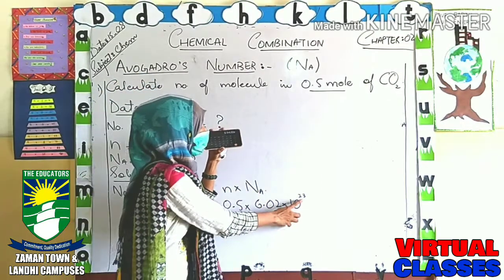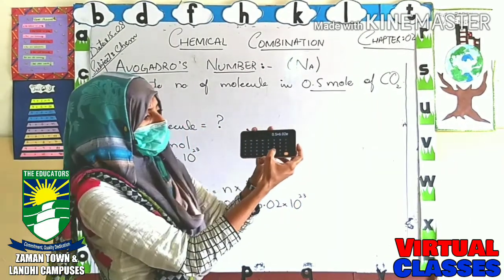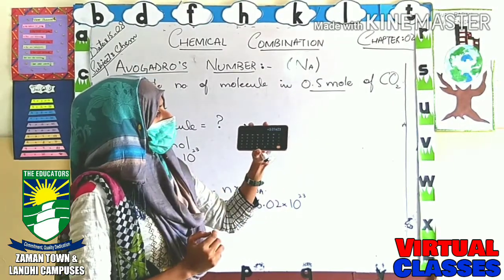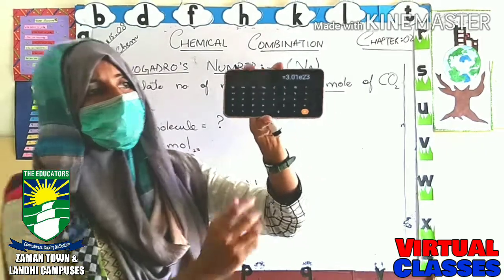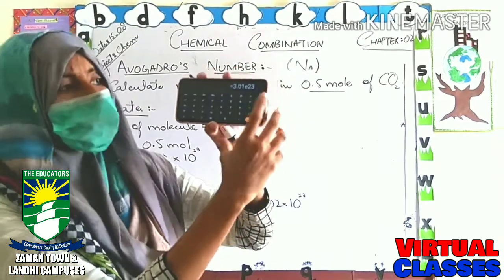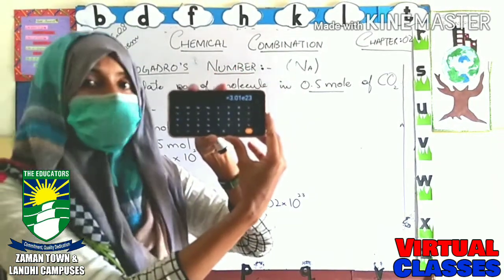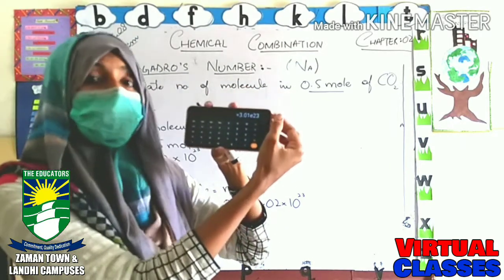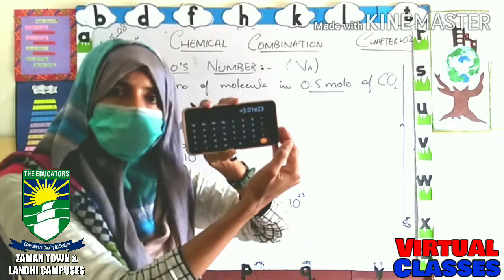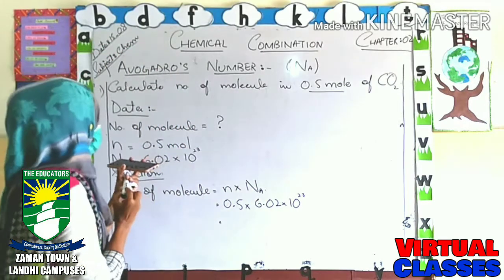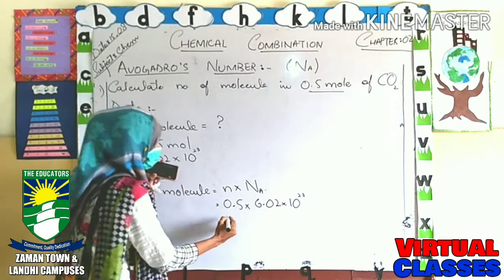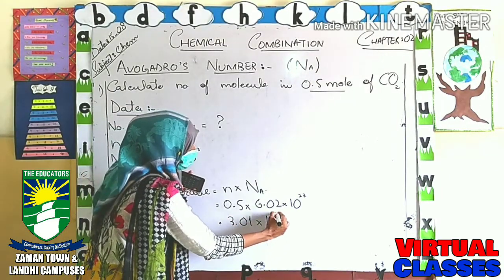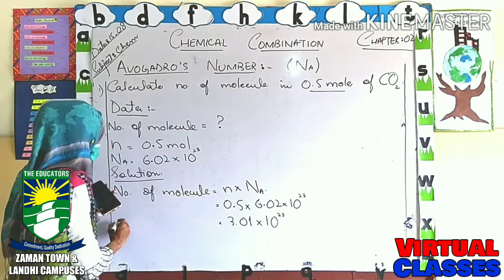Okay, now what is the power of this? 23. Then press 23. Then the answer would be, you can see, 3.01 e. E means multiply 10. Then after the exponent, this number would be the power. So how will you write it? 3.01 exponent 23.